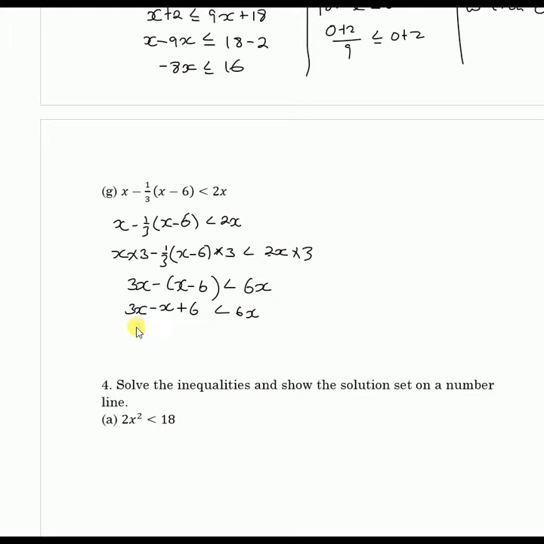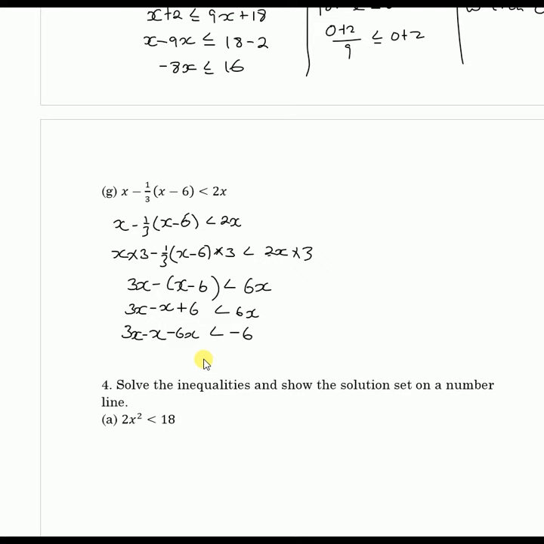So this one is now 3x minus x minus 6x is less than negative 6. The 6 has crossed the inequality sign and it is now negative 6. The 6x has also crossed the inequality sign, becoming negative 6x. When I work out the left hand side, I have 3x minus x, that one is 2x.